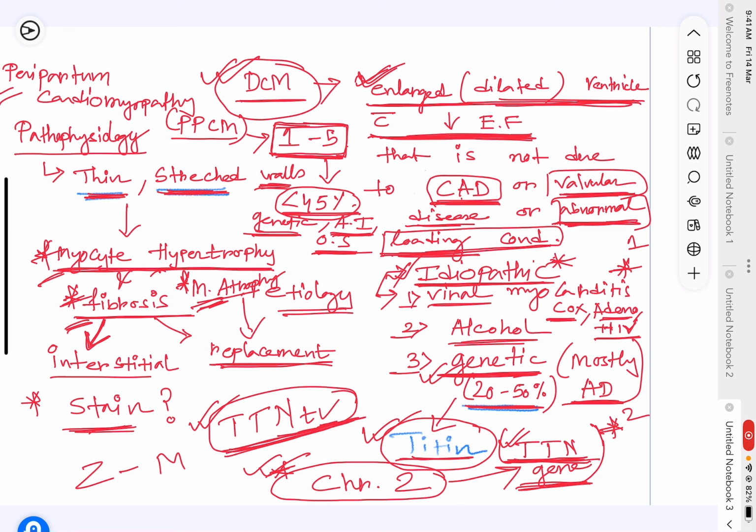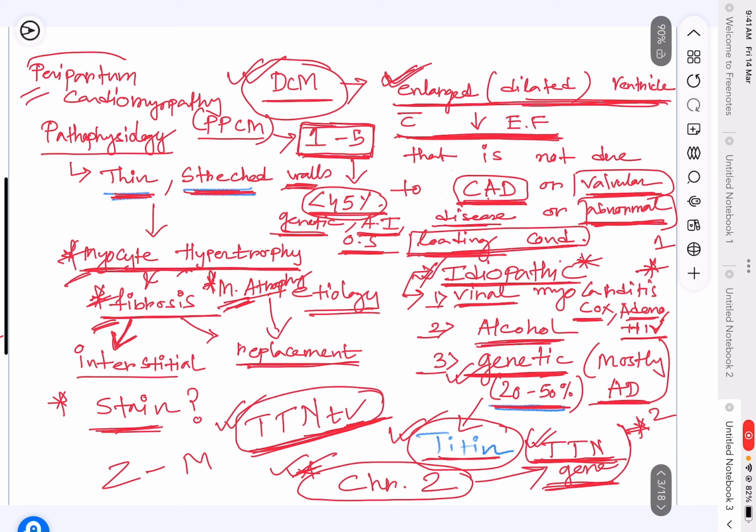And other causes are alcohol, viral, and PPCM, that is peripartum cardiomyopathy. Alcohol we all know. In viral causes we have Coxsackie, the number one cause, adeno, and HIV.